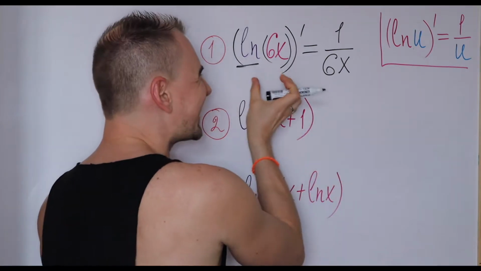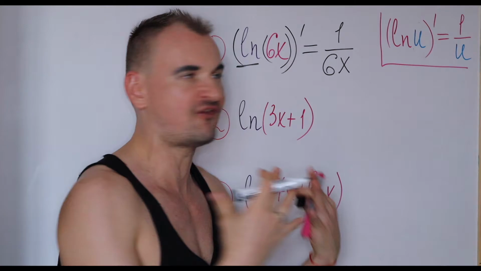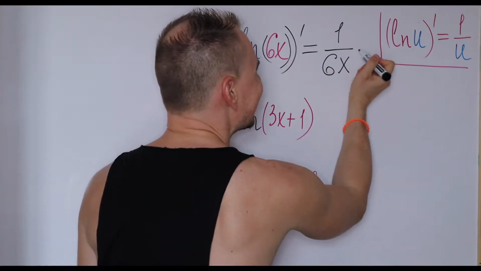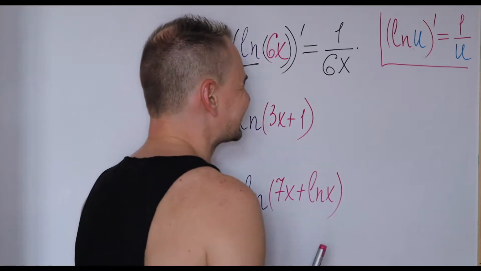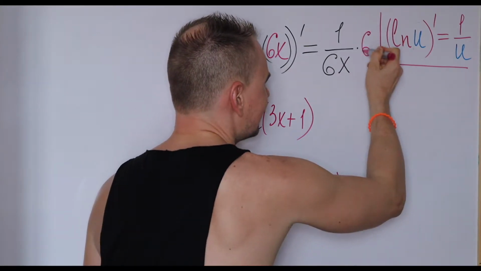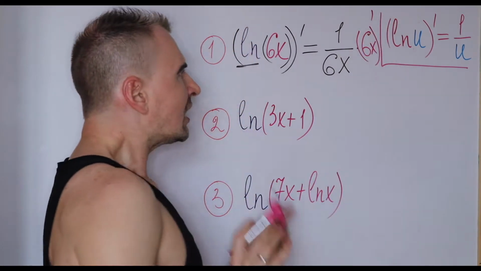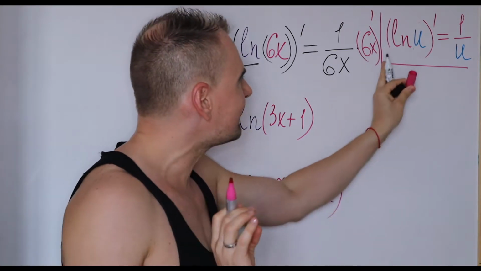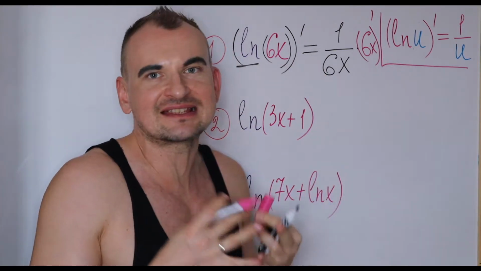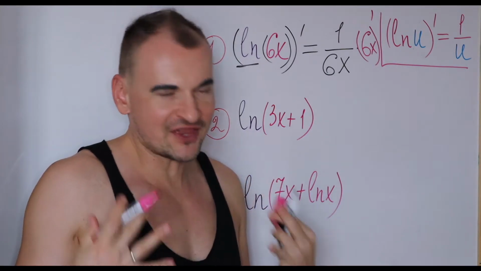So we need to take care of the derivative of this inner function. So this gets multiplied by the derivative of 6x, times 6x prime. Do not forget to add this element, the derivative of 6x. That's vitally important according to the chain rule.